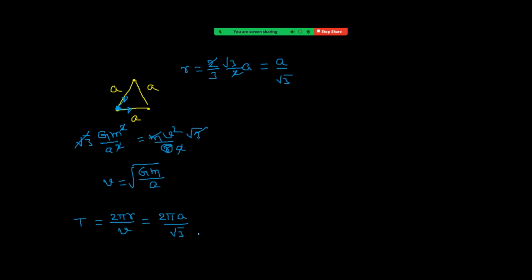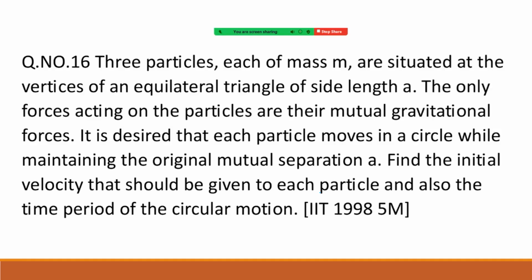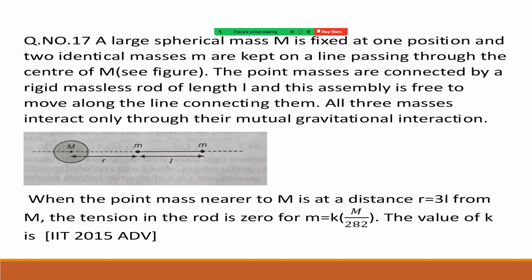V value is root of Gm by a, right? That is now 2 pi. Take a inside, it becomes a cube. It becomes now 3Gm. Okay. So directly we can get the answer, very simple one. Right. See the next problem.